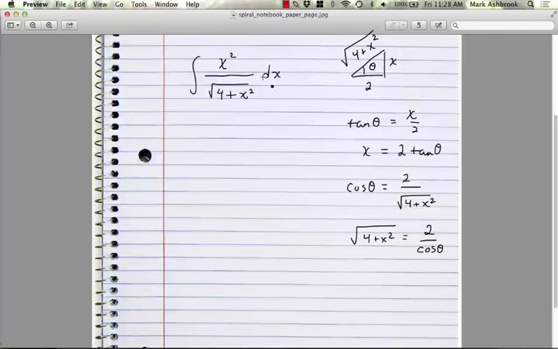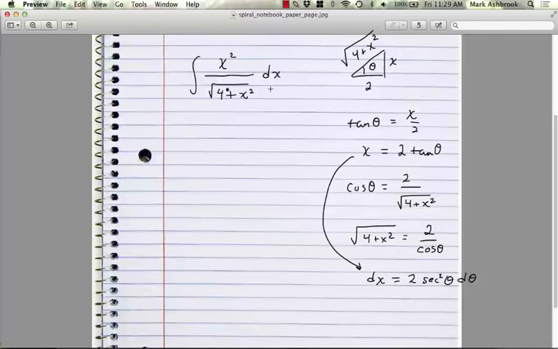And then finally we're going to need what dx is. How are we going to get dx? We're going to get it right from here, right? So dx is 2 secant squared theta d theta, because the derivative of tangent theta is secant squared.